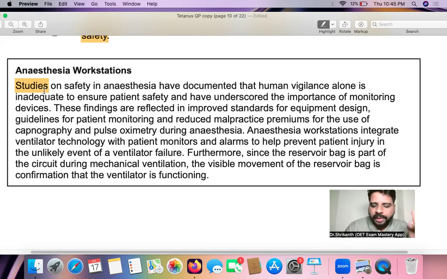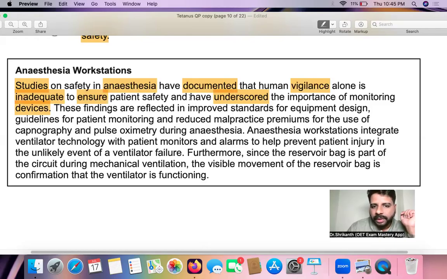So many experiments, so much research on safety in anesthesia have documented, means they have proof, that vigilance, meaning being alert, human vigilance alone is inadequate to ensure patient safety, and have underscored the importance of monitoring devices.